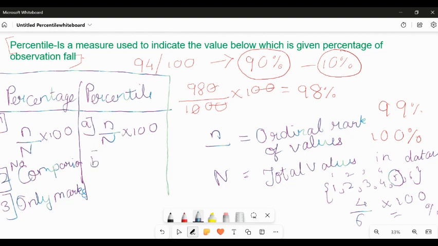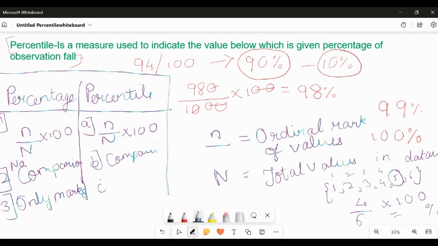In percentile, we are doing a comparison with other people. Anyway, I took 5 marks, but I'm comparing with the people who took below 5 marks. So I'm doing a comparison, but in percentage I'm not comparing with other people. I'm just dividing by total values.